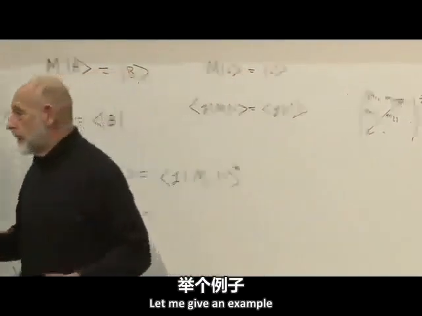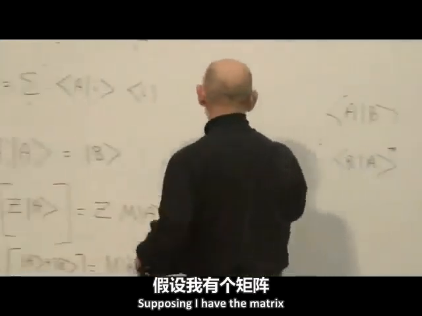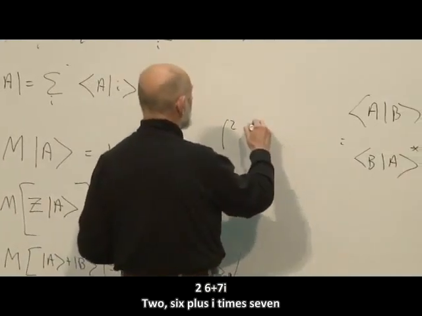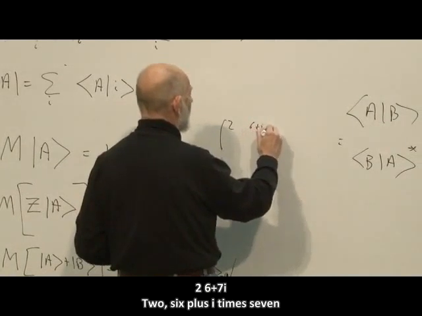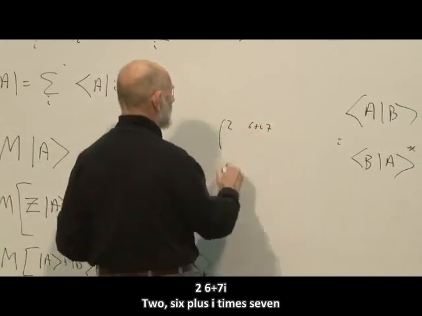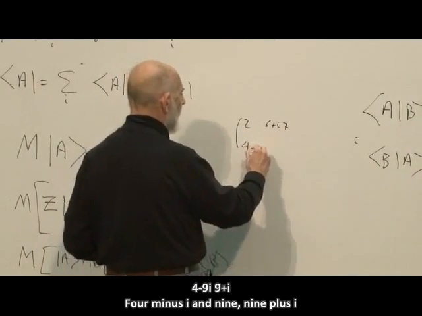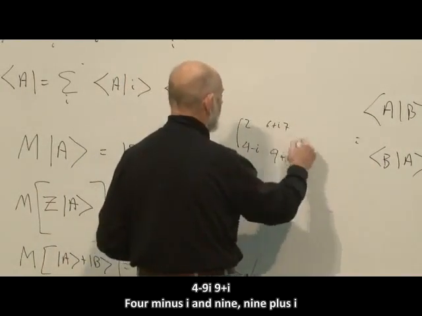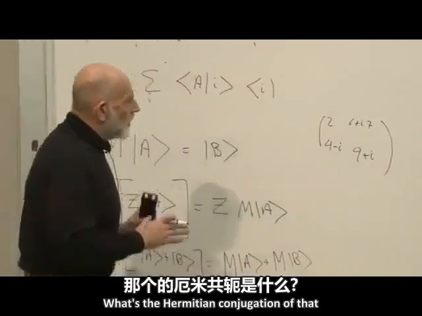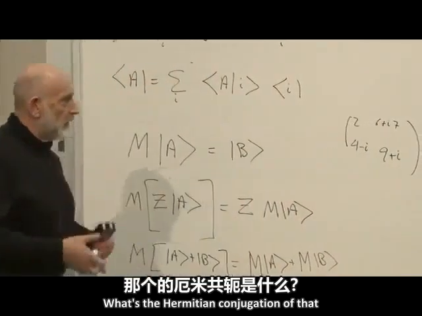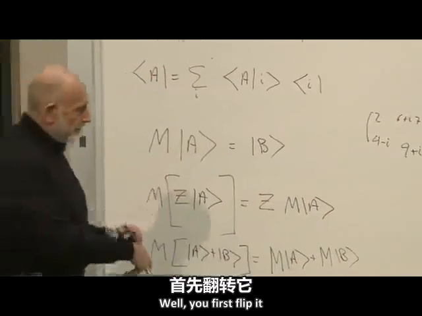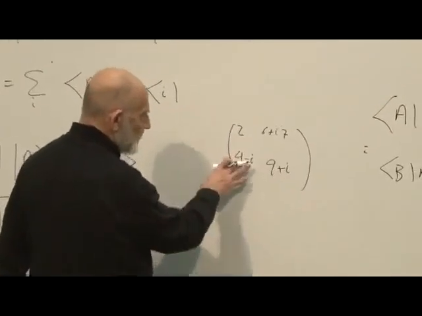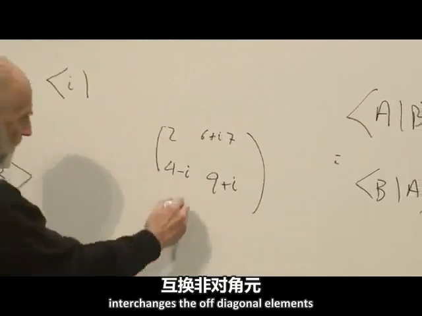Let me give an example. Supposing I have the matrix 2, 6 plus I times 7, 4 minus I, and 9 plus I. What's the Hermitian conjugate of that? All right, you first flip it. Flipping it leaves the diagonal elements in place and interchanges the off-diagonal elements.